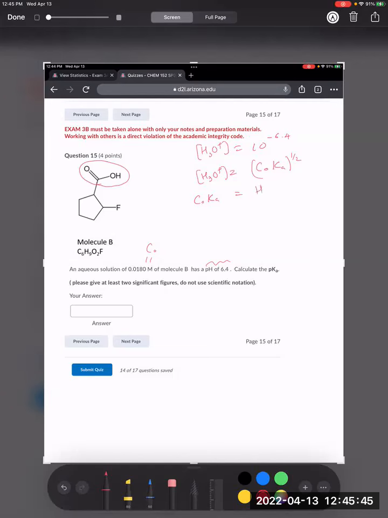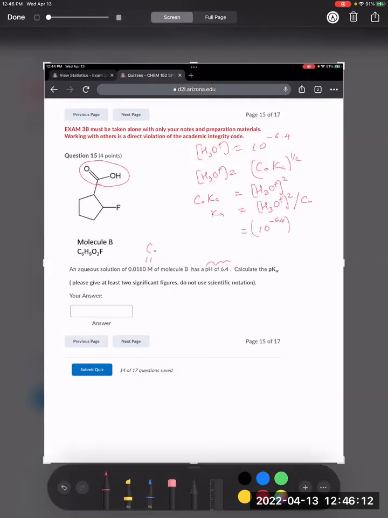Then I get C naught times Ka is H3O plus concentration squared. Therefore, Ka must be H3O plus concentration squared divided by C naught. Now we just plug and chug because we know H3O plus, which is 10 to the power of minus 6.4.